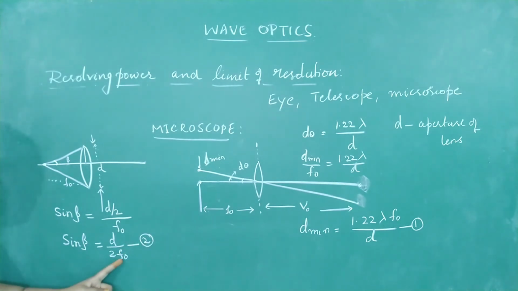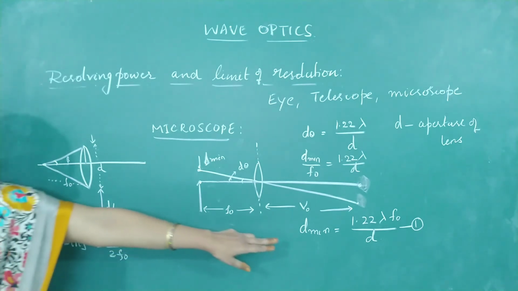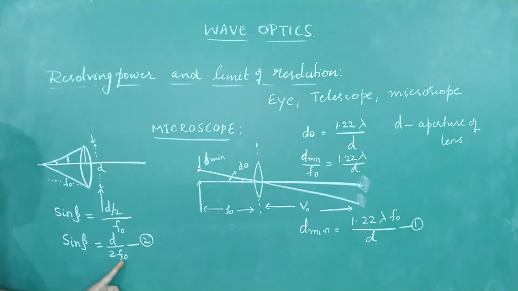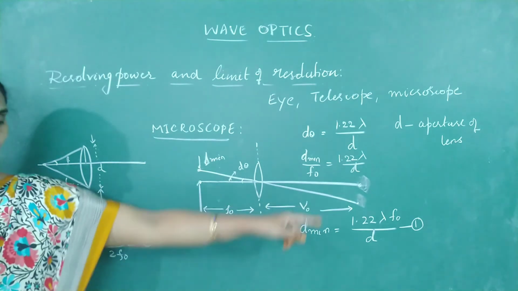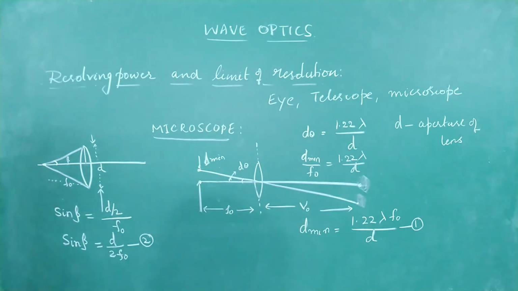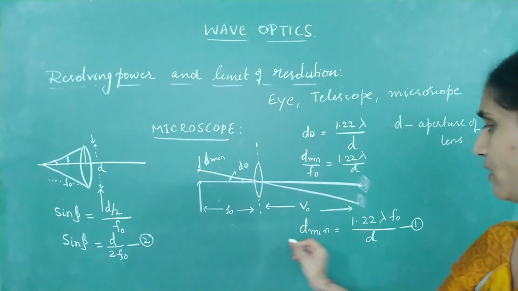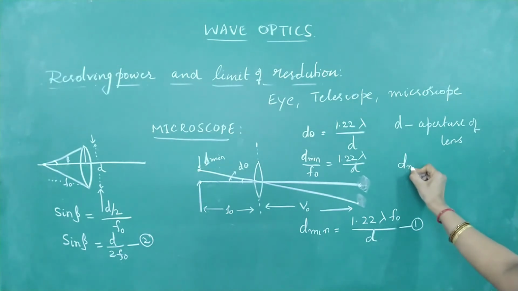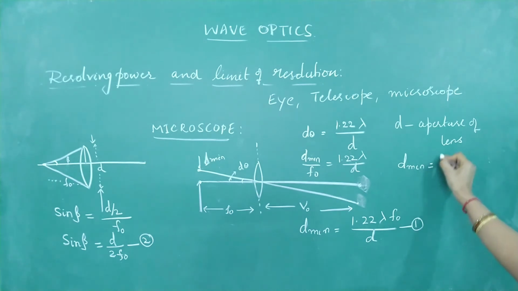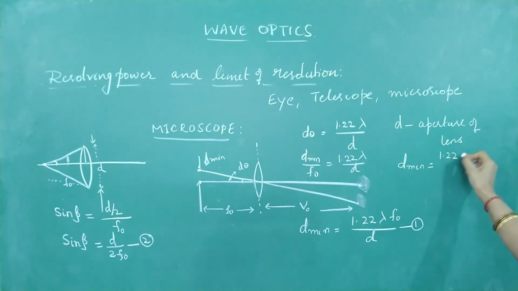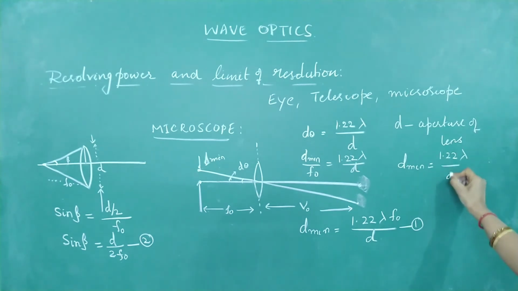Okay, we are going to eliminate f0 from our resolving power, from d minimum. To eliminate f0, what can I write in the place of f0? f0 can be written as d divided by 2 sin beta. So if I replace f0 with small d divided by 2 sin beta, what will you get the minimum distance of separation to be? 1.22 lambda by small d.